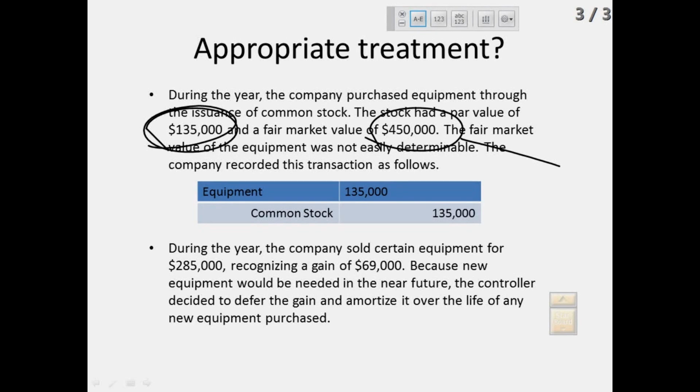So the only thing I could say, the fair exchange would be, I gave them shares worth $450,000. They gave me equipment worth $450,000. Okay, so that's the way. Historical cost does not mean not market. On the date of sale, historical cost and market are the same thing. It's only afterwards that historical cost stays still and market value changes.